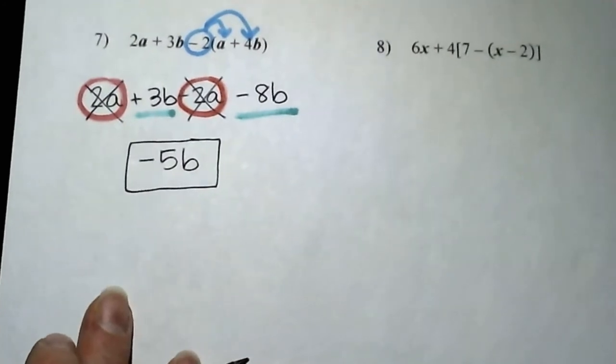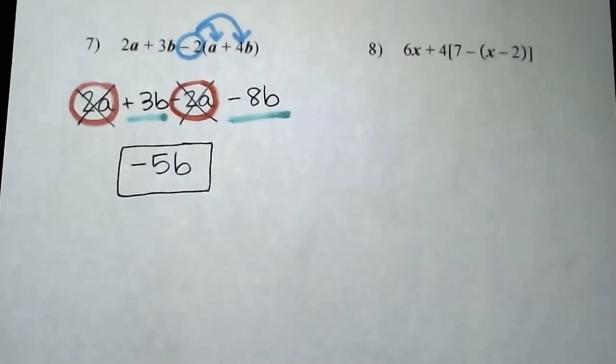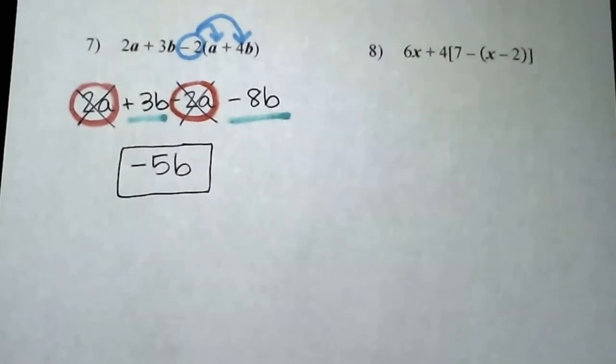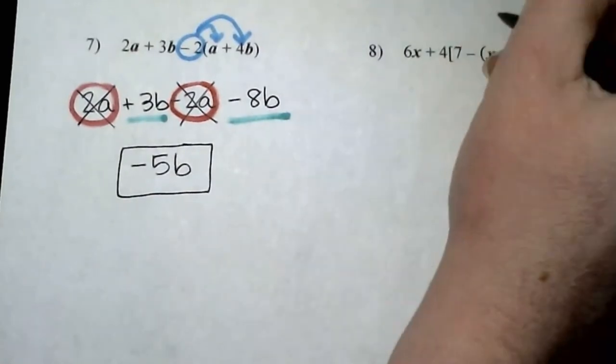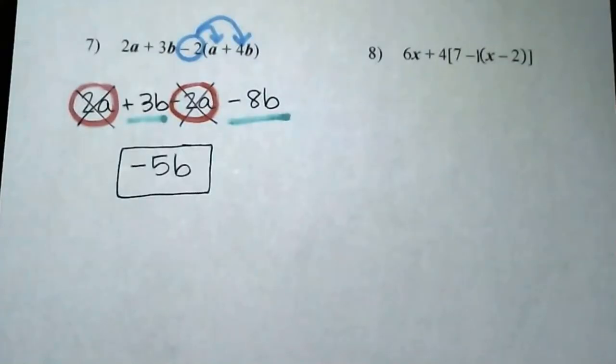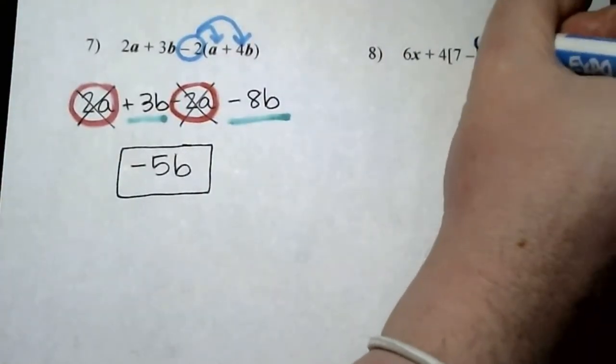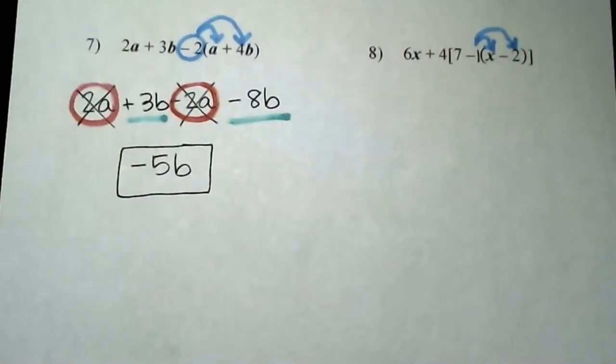And last but not least, we have one similar to the other page where you have parentheses and brackets. So you need to work from the inside out, starting with distributing this negative sign. Think of it as a -1 and distribute that to your inside parentheses.